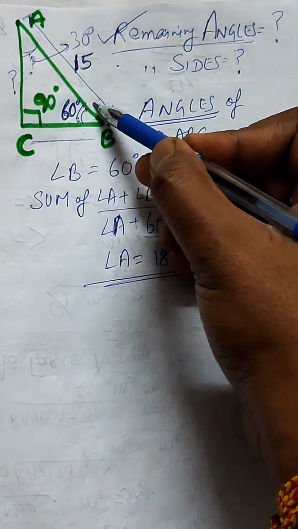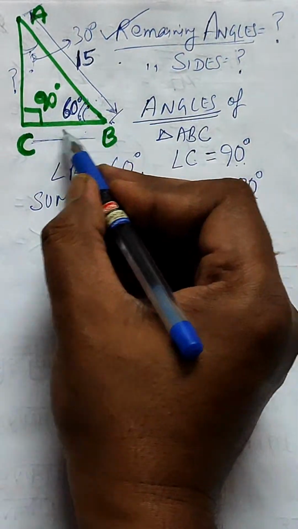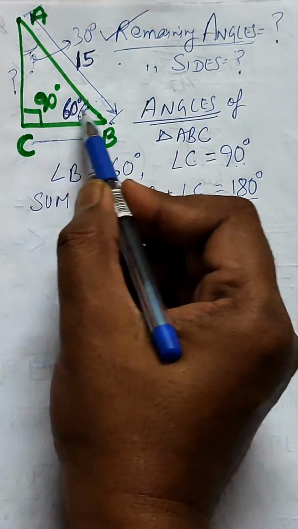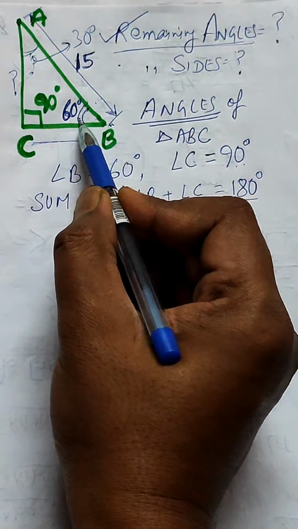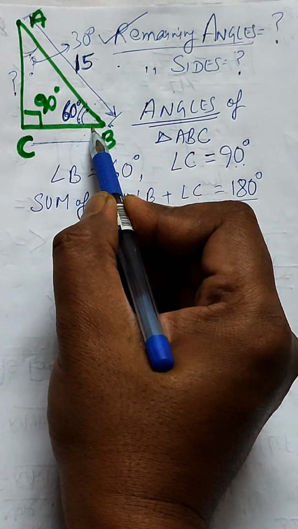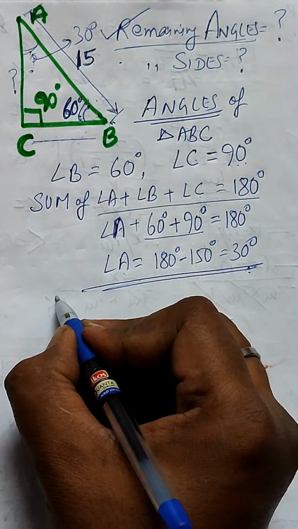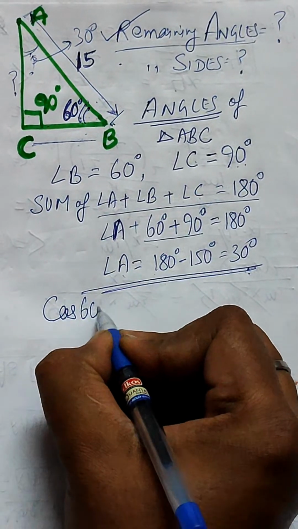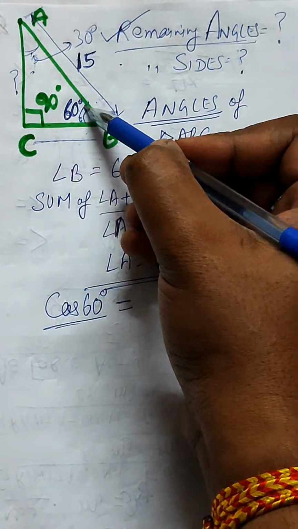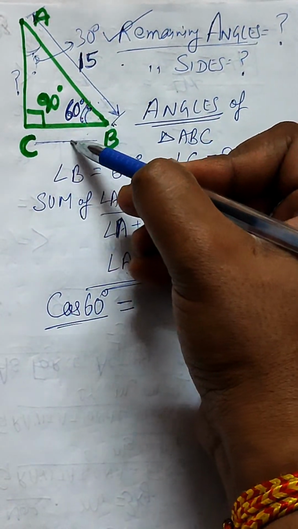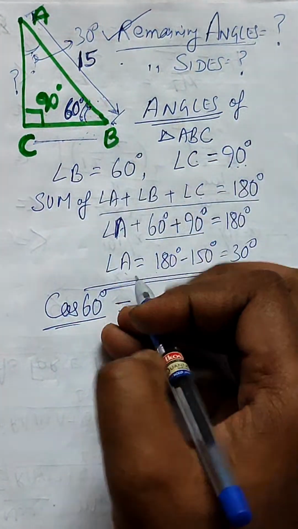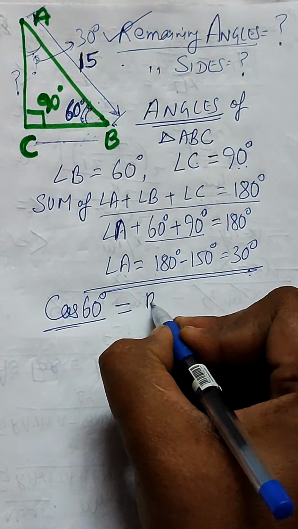This will be cos, because this will be acting as a base. Here you can see this 60 degree angle. If you are using the trigonometrical ratio of 60 degrees, BC will be the base, right? So you will be taking cos of 60 degrees, because the other angle is 90. So cos 60 degrees will be equal to BC by AB.